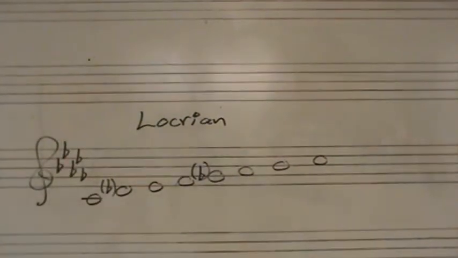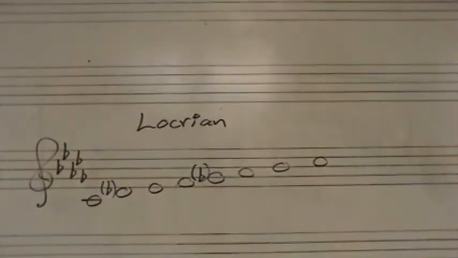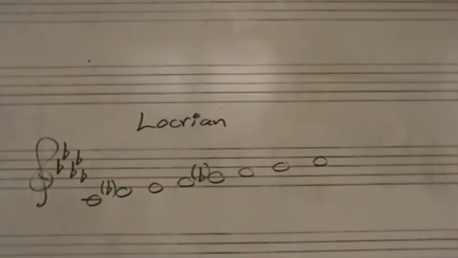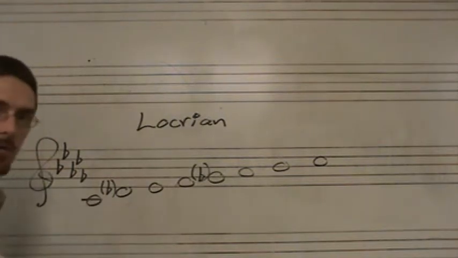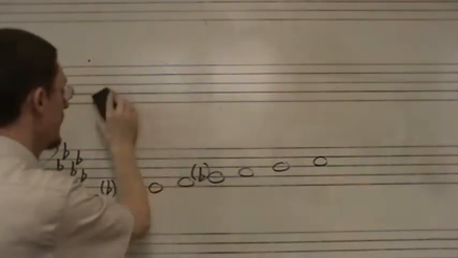Let's sing this one. Ready, go. Do, ra, mi, fa, se, le, te, do, te, le, se, fa, mi, ra, do. And those are the 5 new scales that we learned.